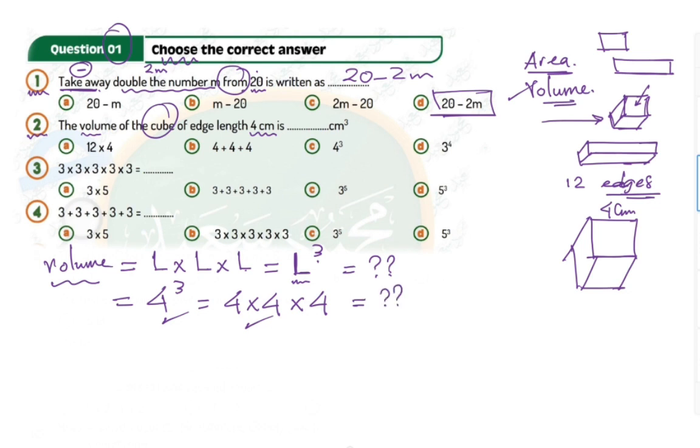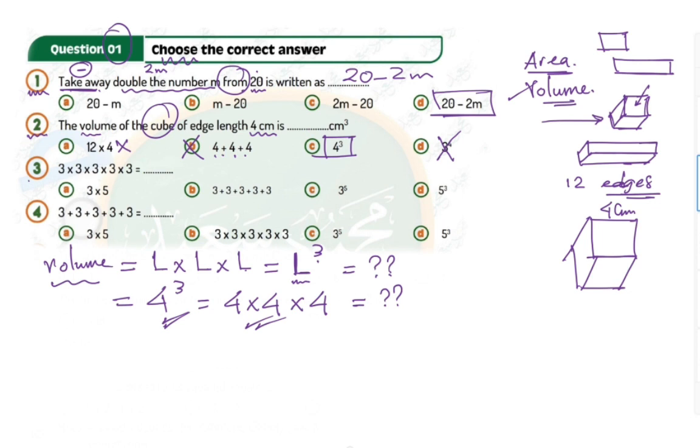Now look for the right answer. 12 by 4, of course no. 4 plus 4 plus 4, no, I need multiply, so it's false. 4 to the power 3 or 3 to the power 4? The right choice is 4 to the power 3.